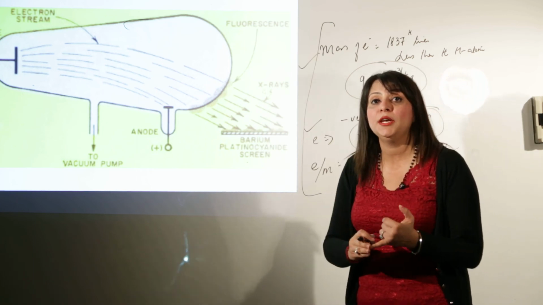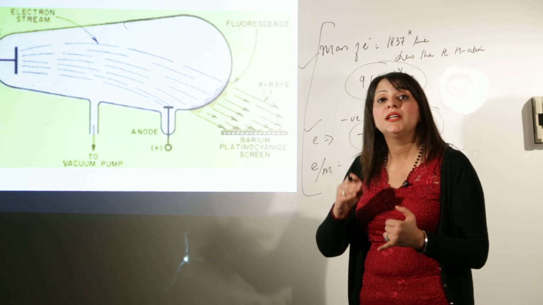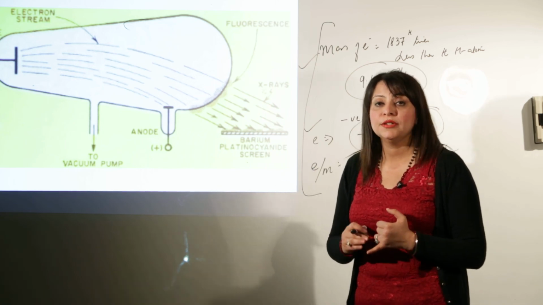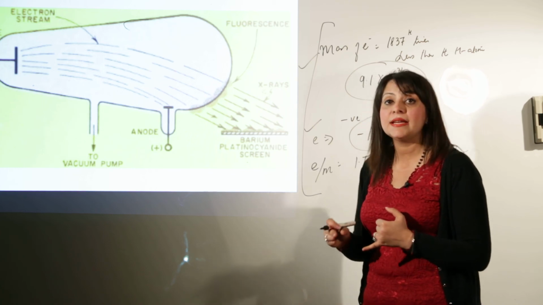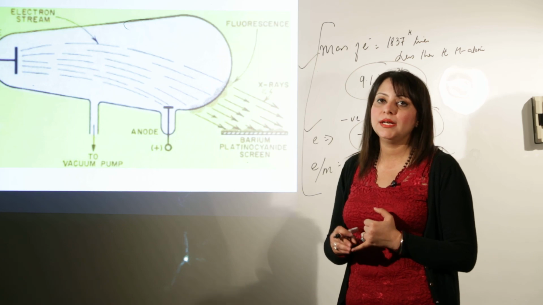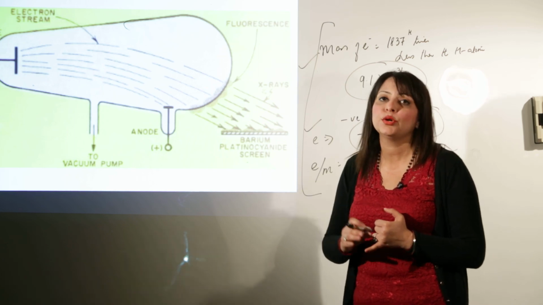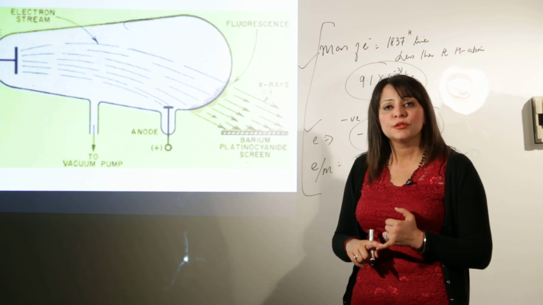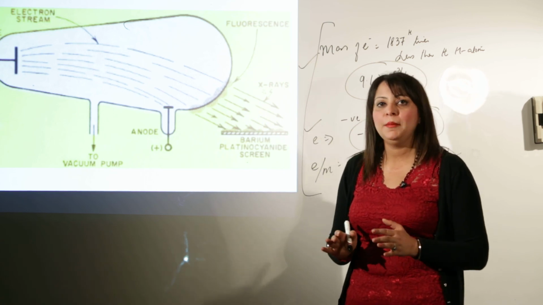It does not depend upon the gas which is taken. It does not depend upon the metal which is used in making the electrodes. So the nature of cathode rays is the same irrespective of the gas taken and the metal electrodes used. The glow definitely depends upon the gas, but still the properties of the electron remain as such.